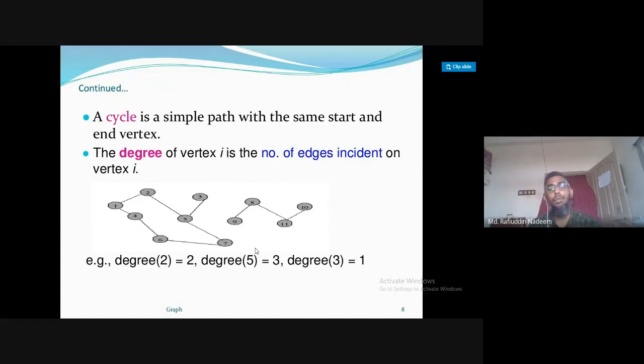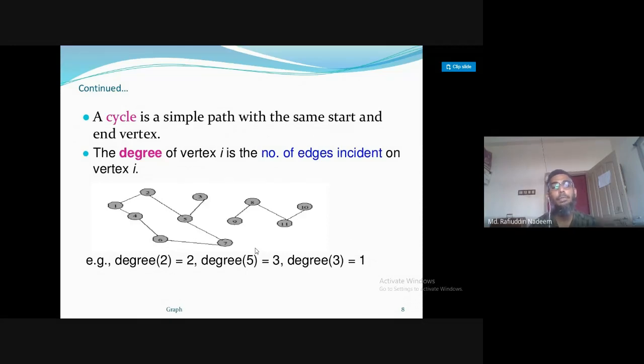And next, what is the degree? The degree of a vertex I is the number of edges incident on vertex I. So if you take any vertex, the number of edges incident on it is the degree.